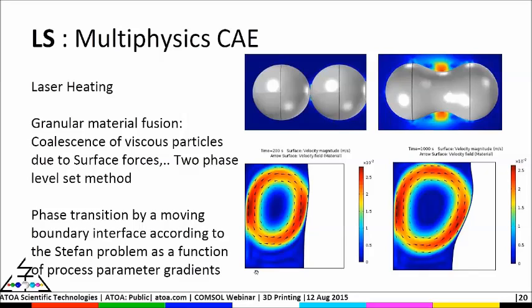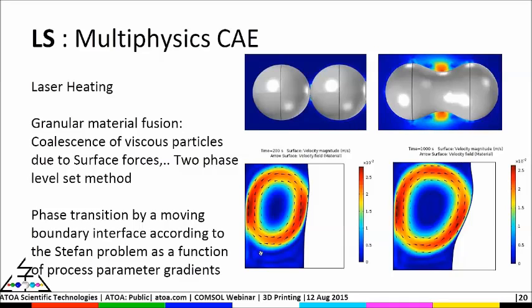The second critical process is the melt transition, or melt flow and solidification. At the bottom, what you see here are melt transition modeling results during melt solidification due to temperature gradients.